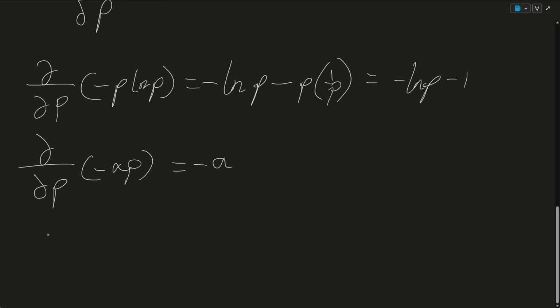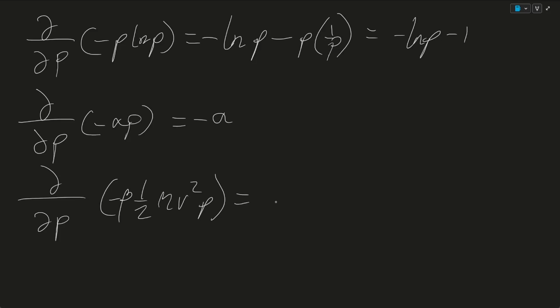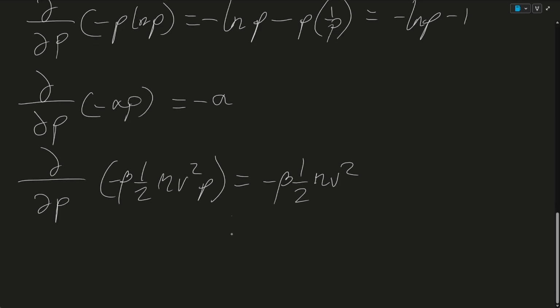And of minus beta half m v squared P is just minus beta half m v squared.